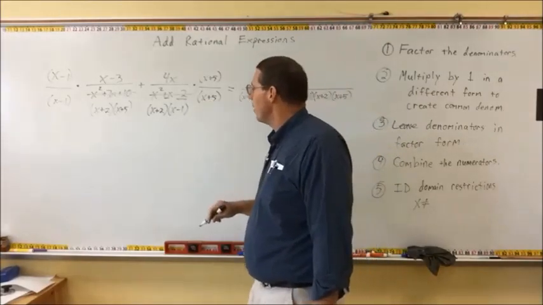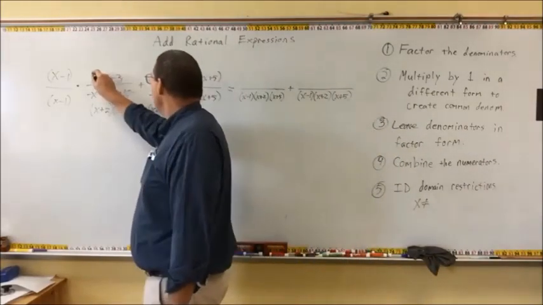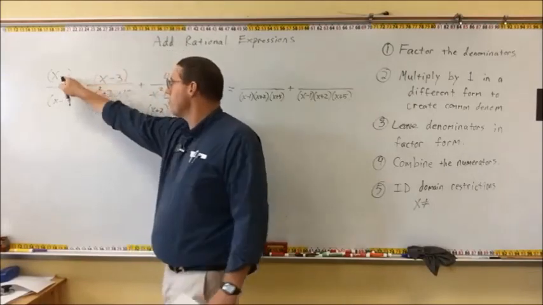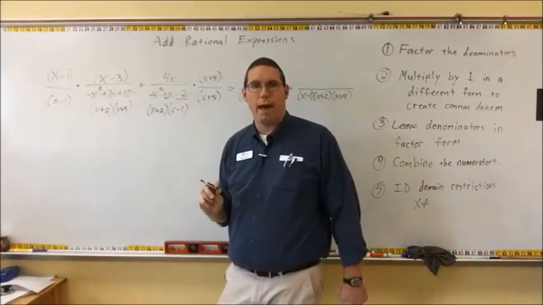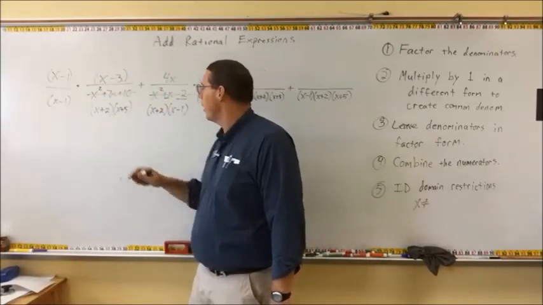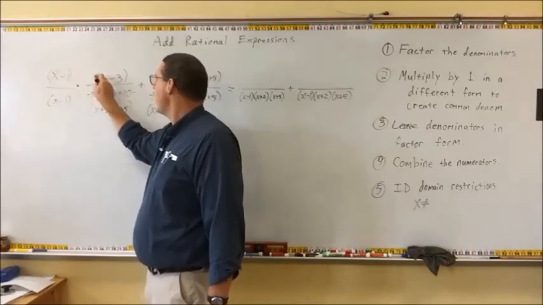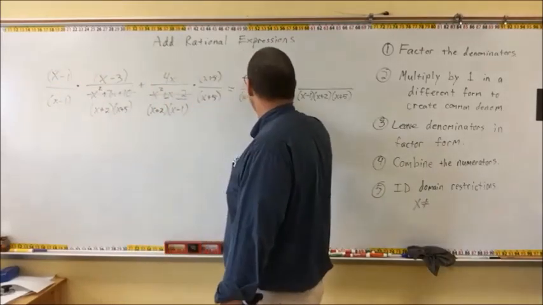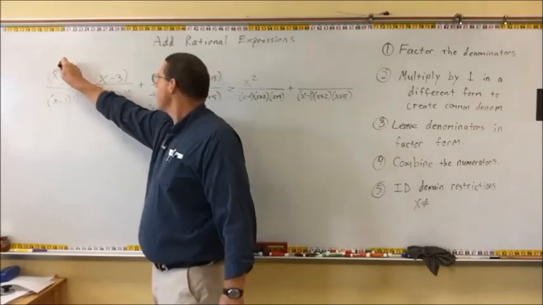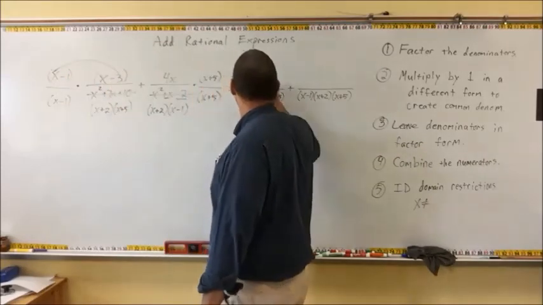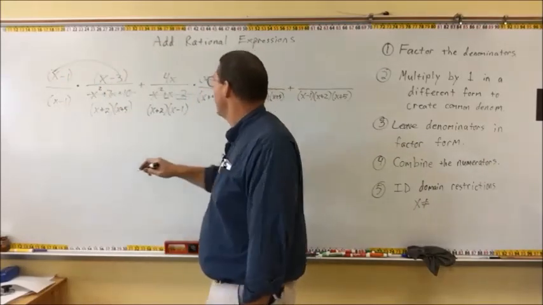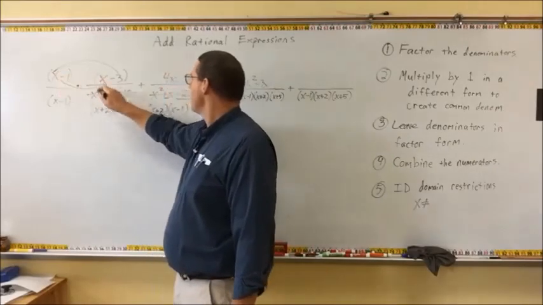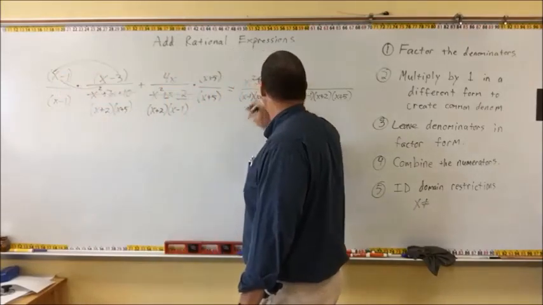Now let's go to the numerators. Over here, it looks like we're going to have to do some distribution. We're going to have to FOIL that, or whatever you want to call it, okay? We're going to have to multiply x times x, which is x squared. Then x times negative 3 is negative 3x. Then negative 1 times x is negative x.